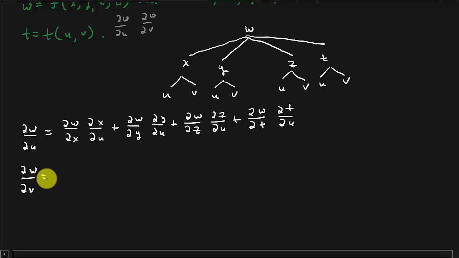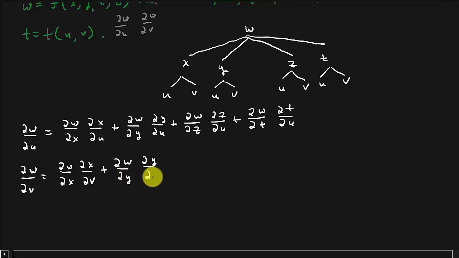All right, so hopefully you actually paused the video and tried it. Well, let's write it down. That's the partial of w with respect to x times the partial of x with respect to v. We're going to x and then v. And then plus the partial of w with respect to y times the partial of y with respect to v.